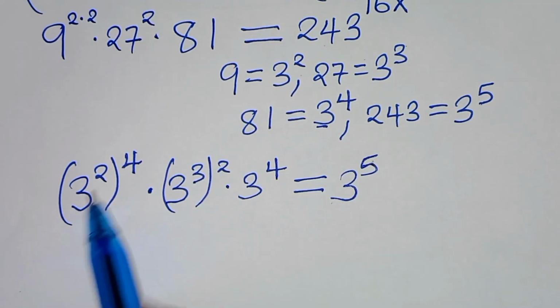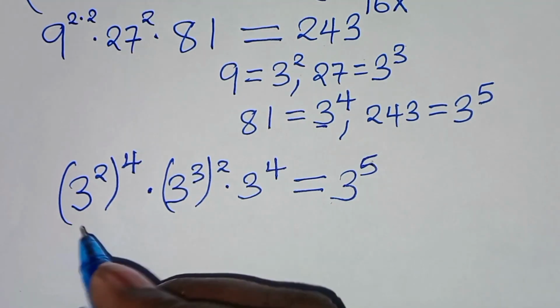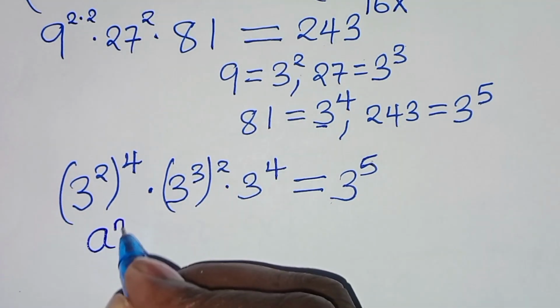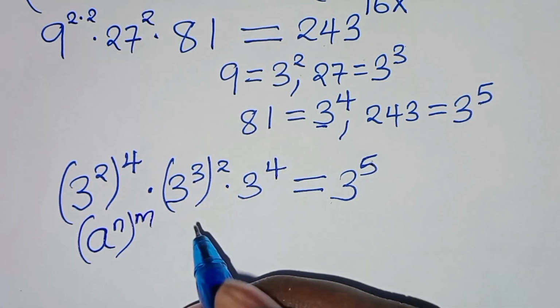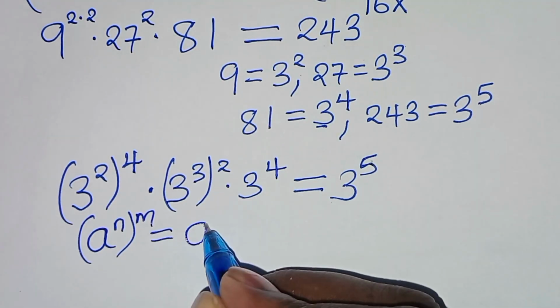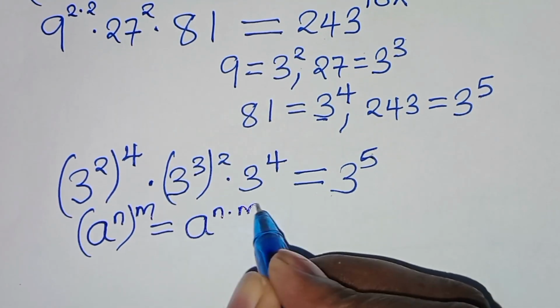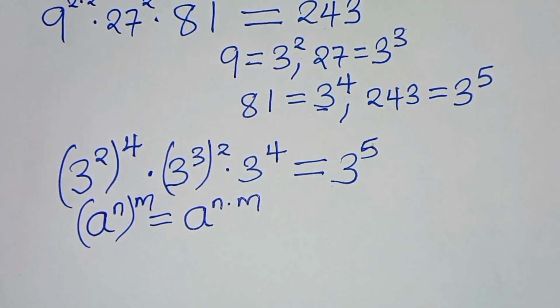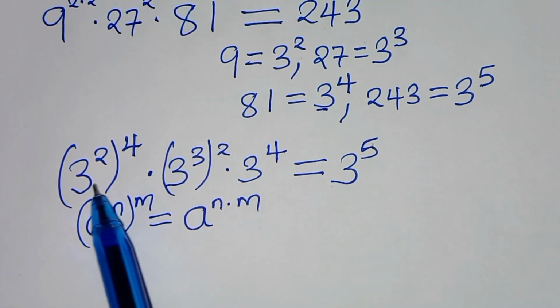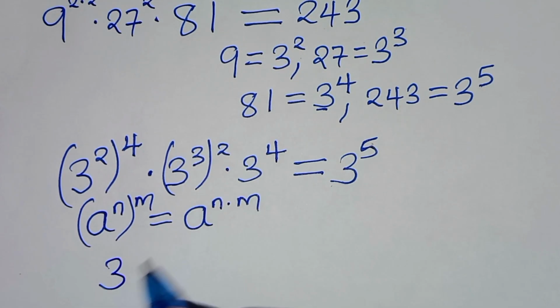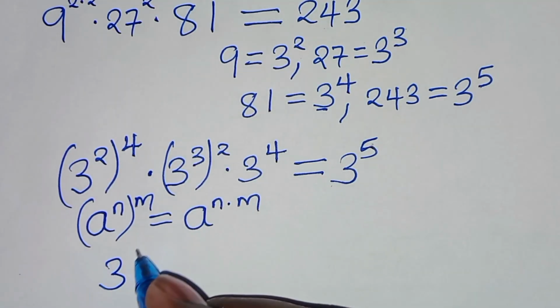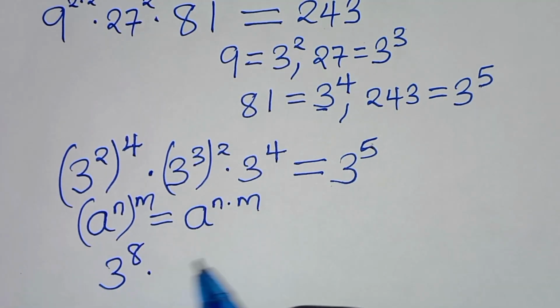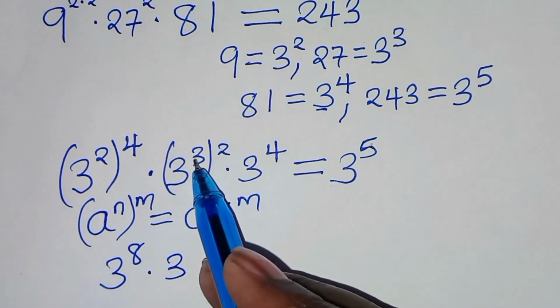Now we find that 3 to power 2 raised to power 4 is in the form of a to power n raised to power m, which we can express as a to power n times m. Applying this exponent property, then here we have 3 raised to power 4 times 2. This is 8. Then times 3 raised to power 3 times 2.